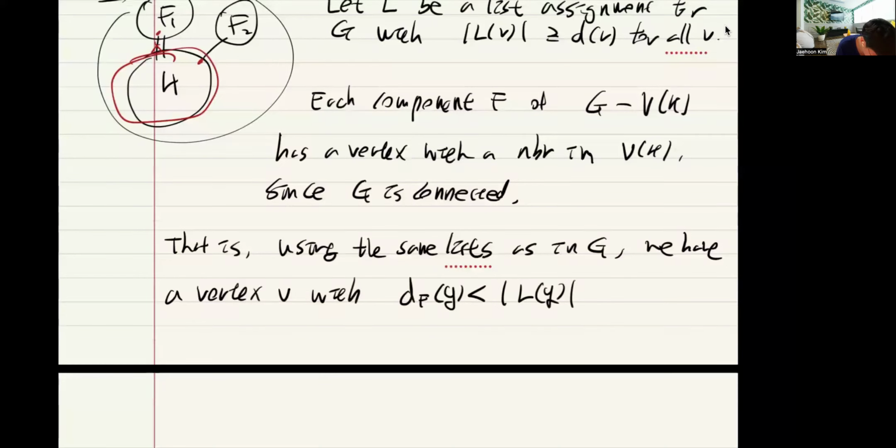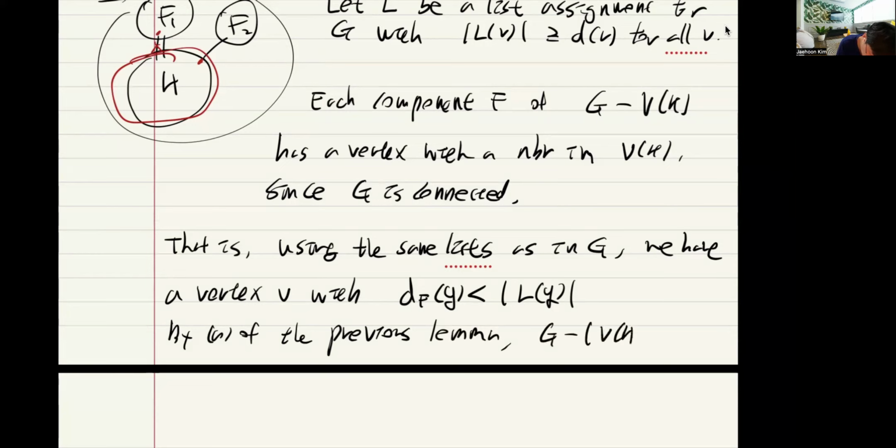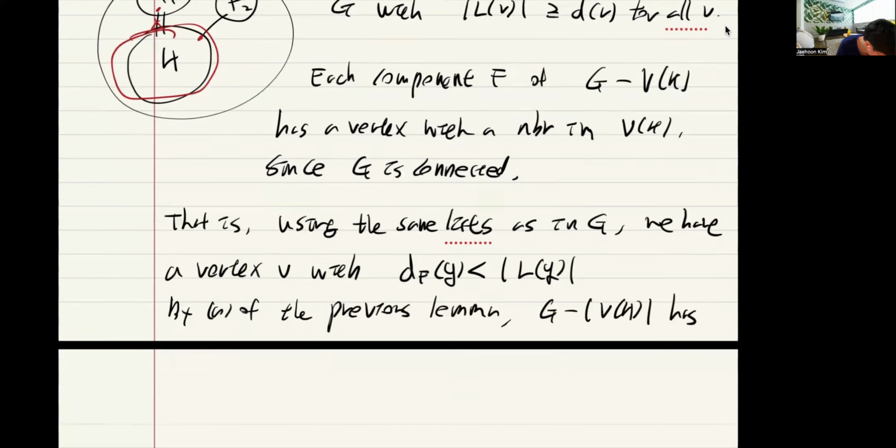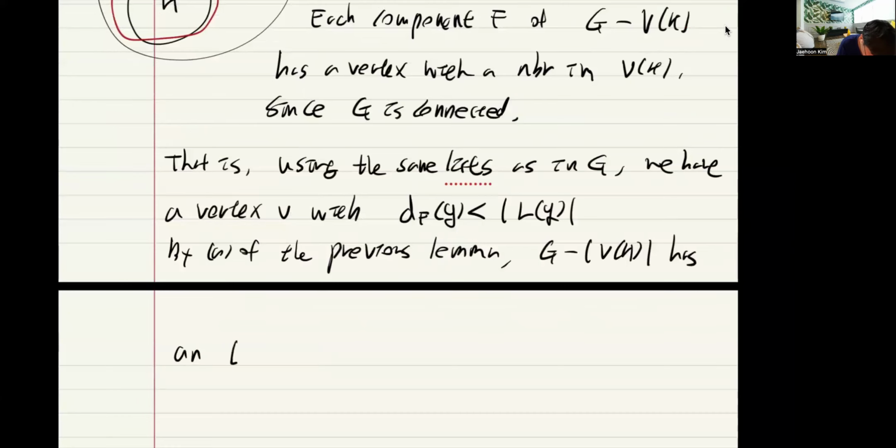And by A of the previous lemma, G minus V(H), each component of it has an L coloring. So this has an L coloring f.